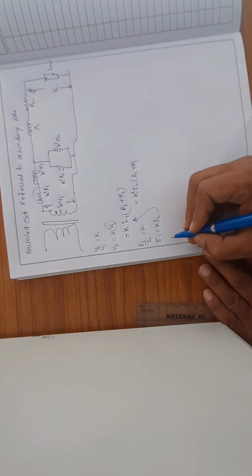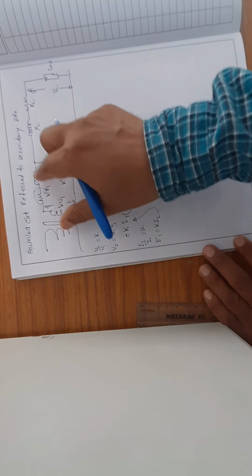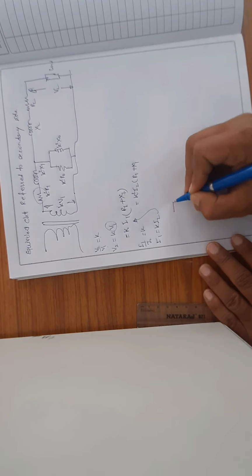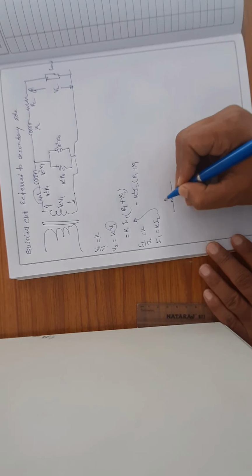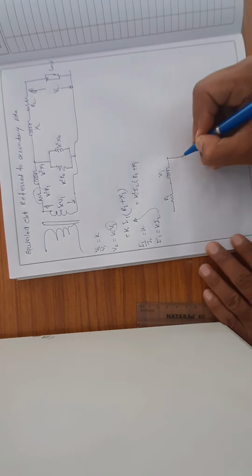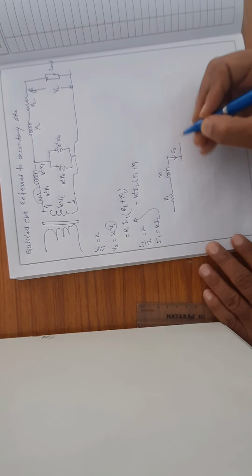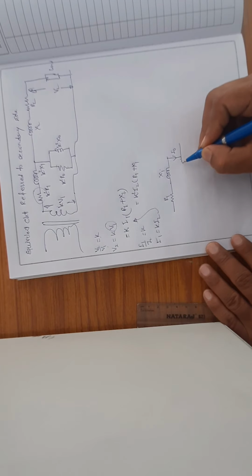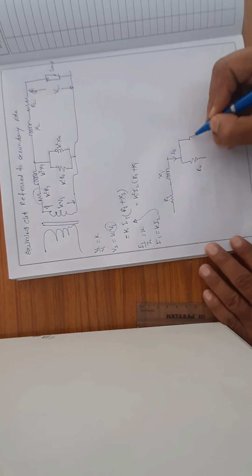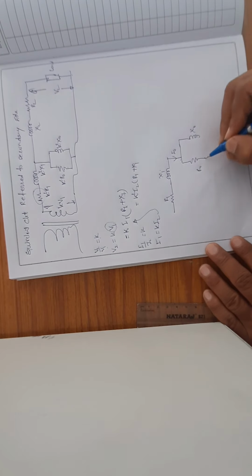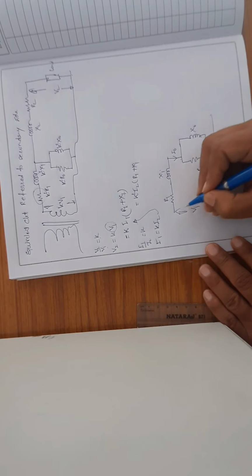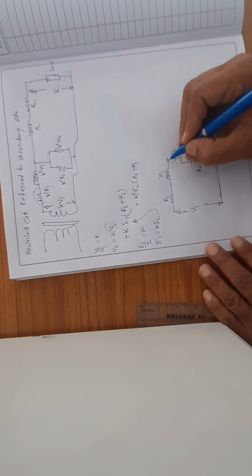In the same manner, the equivalent circuit referred to primary side. This is the R1, this is the X1, this is the no load primary current or exciting current, this is the R0 and this is X0. Applied voltage V1. Okay.